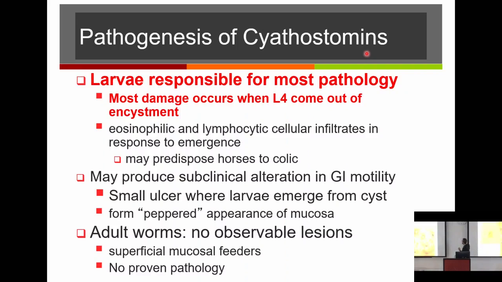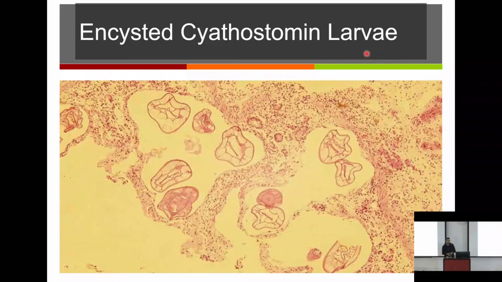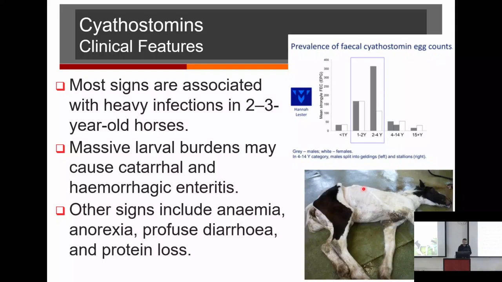So this is how the cyst formation looks in the intestine. This is one other example. You can see the cyst formation here, right? So based on this pathology, the most important clinical signs will be heavy infection in 2 to 3 year old horses.